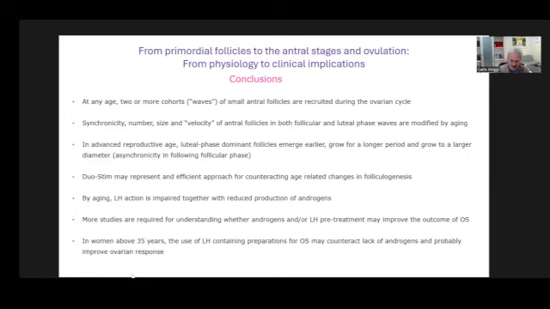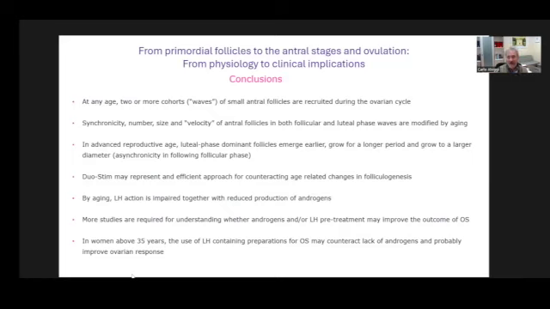So what can we learn from physiology? We learn from physiology that at any age, two or more cohorts or waves of small antral follicles are recruited during the ovarian cycle. Synchronicity, number, size, and velocity of progression of antral follicles throughout the follicular and luteal phases are modified by aging. Because in advanced reproductive age, we can have selection of a dominant follicle anticipated during the luteal phase of the previous cycle.